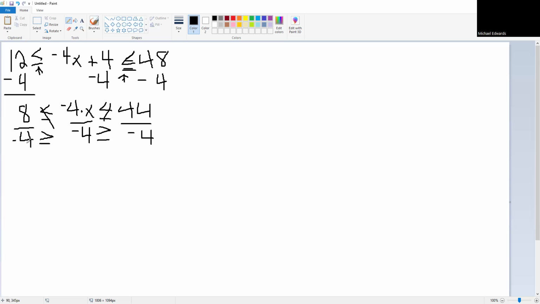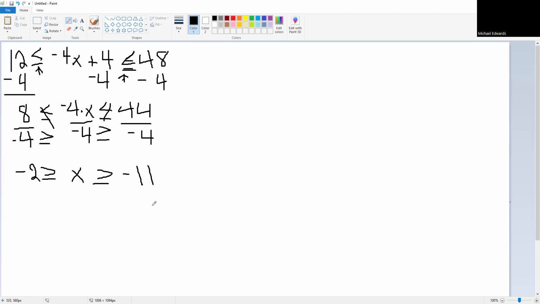So now we're left with negative 2 greater than or equal to x, greater than or equal to negative 11.